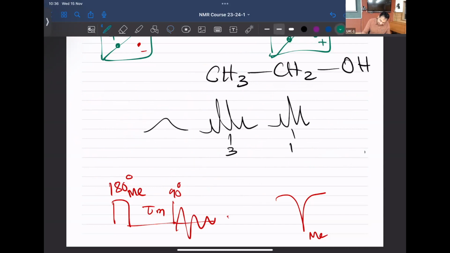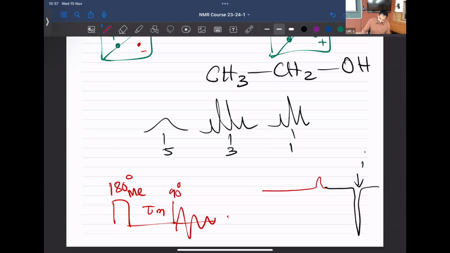This is how it will be, isn't it? So if you invert the methyl peak at 1 ppm, you will nicely get a NOESY cross peak at 3 ppm, indicating that the methyl peak and the methylene peak are close in distance.